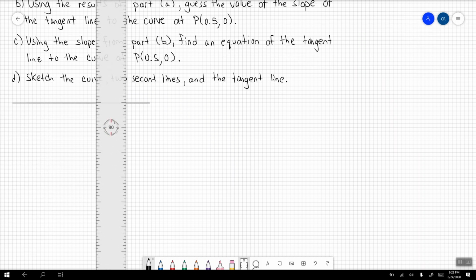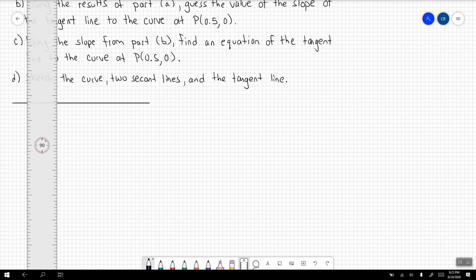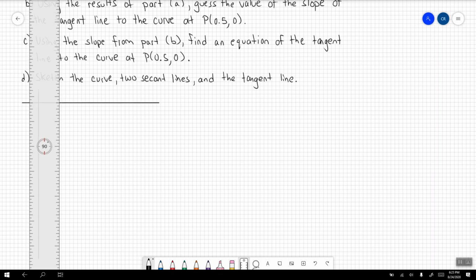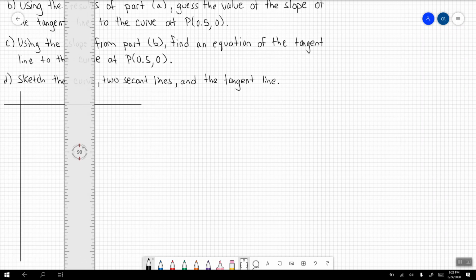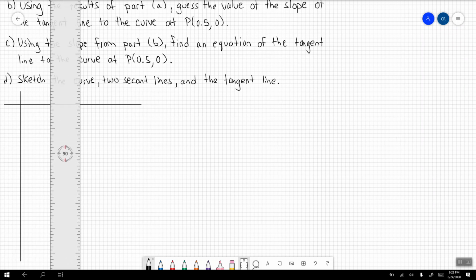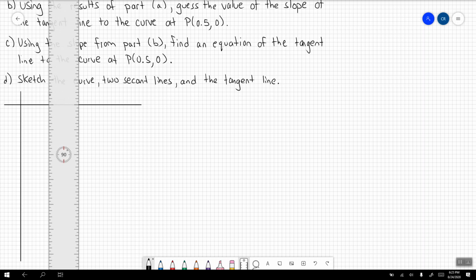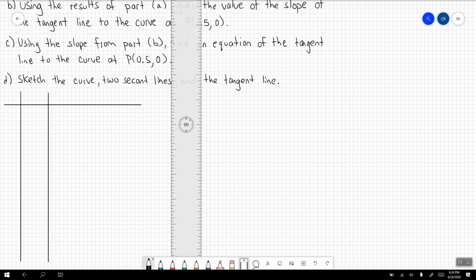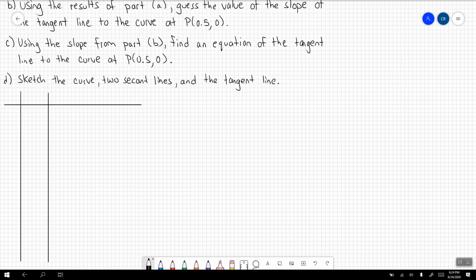All right, it's looking good so far. I want to grab the ruler, not the paper. Okay. I think this should be good.